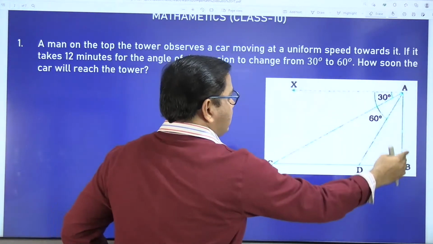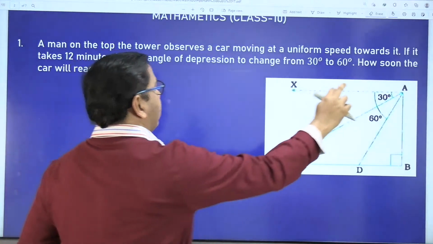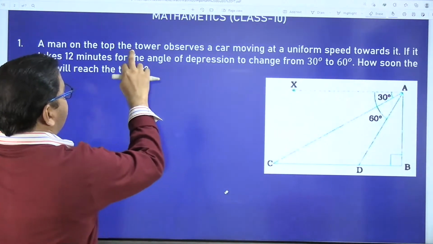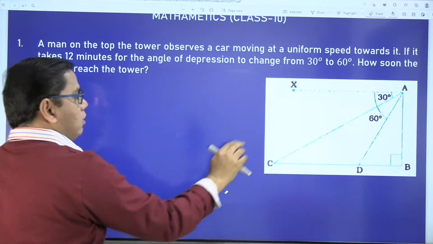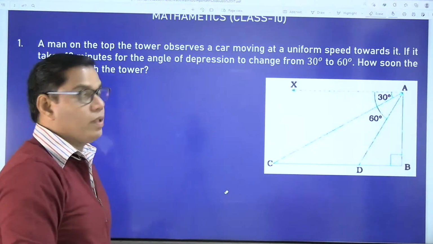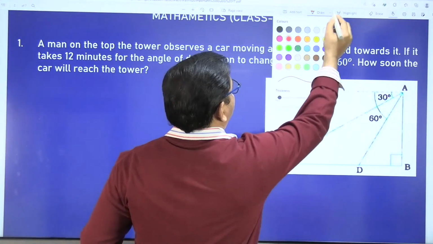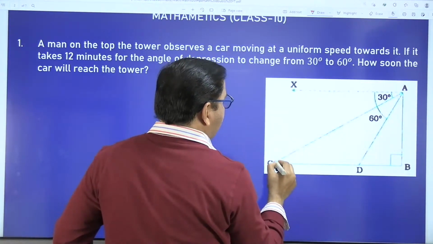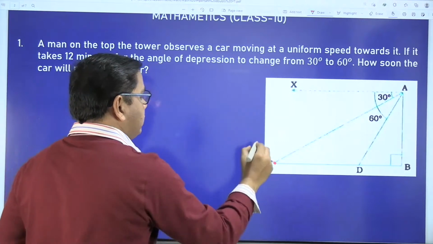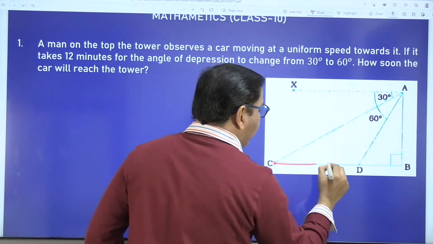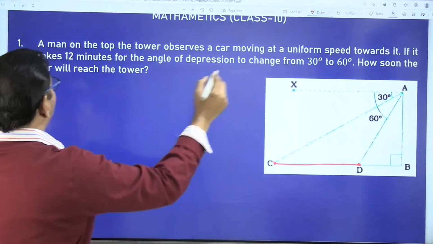The segment AB represents the tower, and the man is standing at point A. He observes a car moving at a uniform speed towards the tower. The car is at point C on the road, and it covers the distance from point C to point D with a uniform speed.